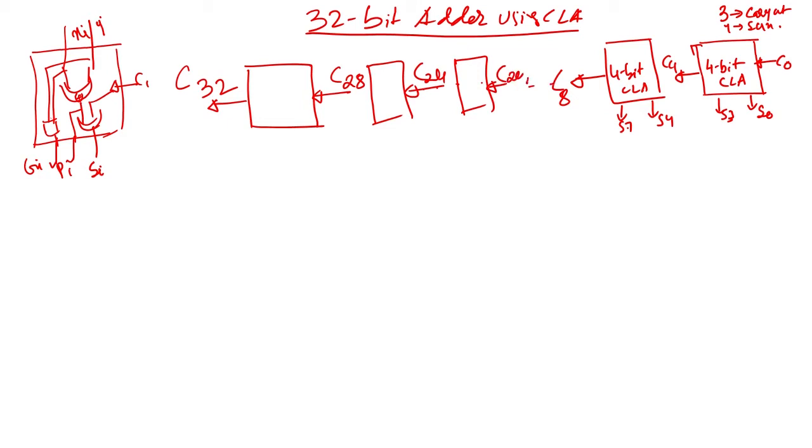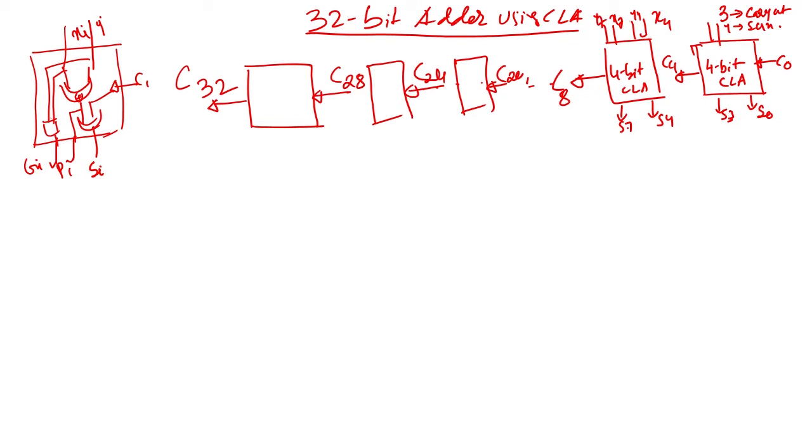Now, we need to analyze what the gate delay will be. As you know, after giving input, the inputs are 4 bits here, the next 4 bits say x4 to x7, y4 to y7, and it will move on, because it is 32 bits.